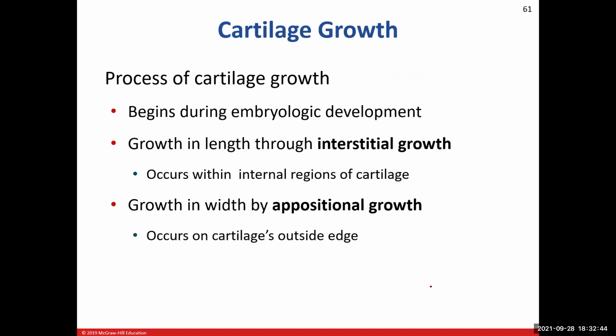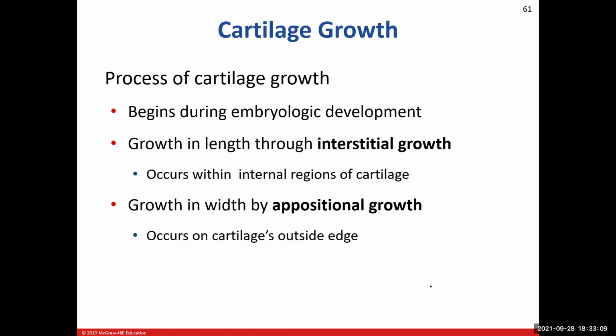All right, we're going to move into now the growth of the skeletal system. And before I get into that, I need to talk about how cartilage grows, because we're going to then transition into what happens when you're a fetus and you start to take on the humanoid form, and how you start off with a cartilage model, and then how that model converts from cartilage into bone.